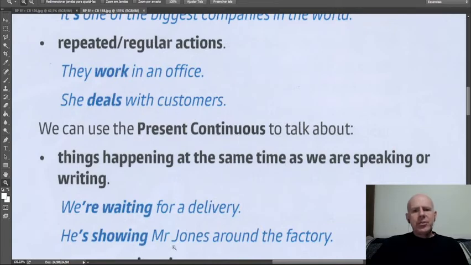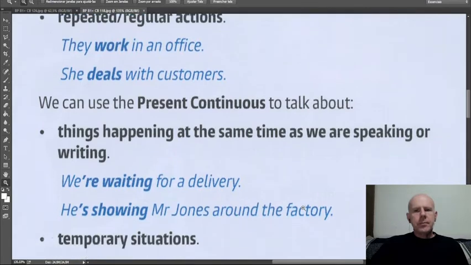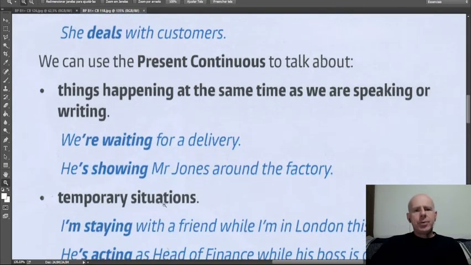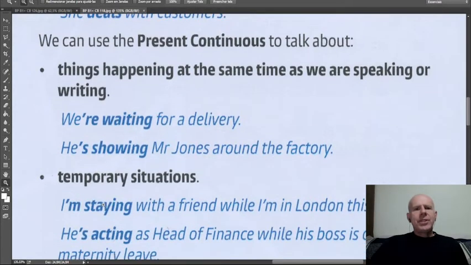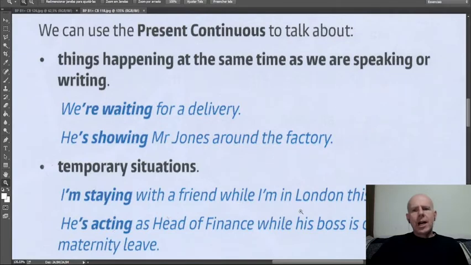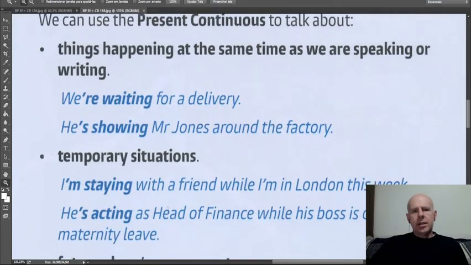He's showing Mr. Jones around the factory. Temporary situations: I'm staying with a friend while I'm in London this week. Look, I don't live in London, but I'm staying this week. He's acting as head of finance while his boss is on maternity leave.